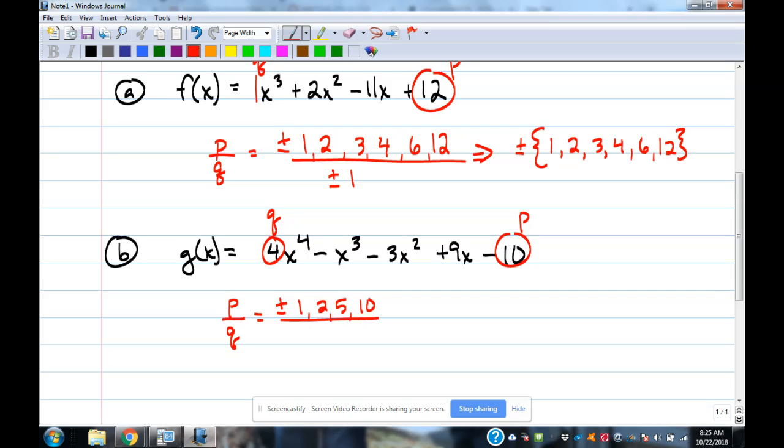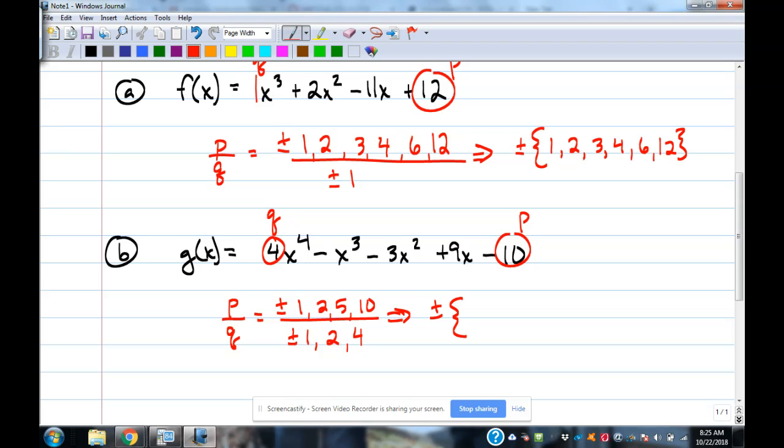Factors of 4. 1 and 4. 2 times 2, right? So here we have 3 numbers in the bottom. Okay, so that means we're going to have to take each of these 4 factors and divide by each one individually. So when I make that list, I'm going to put plus or minus in the front.